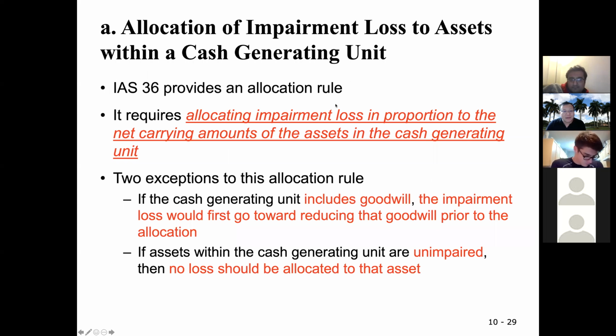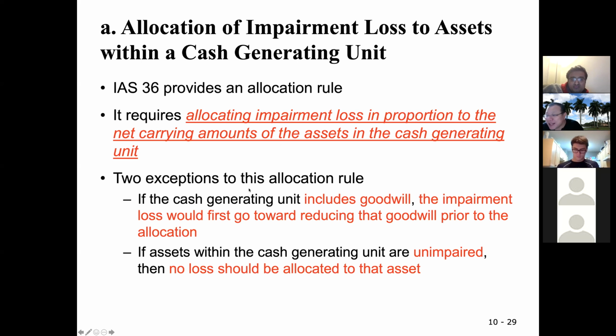Let's talk about this allocation rule. There's a rule in terms of allocation of impairment loss to assets within a cash generating unit. Under IAS 36, you allocate impairment loss in proportion to the net carrying amount of the asset in the cash generating unit, like what you said, Paul. But there are exceptions.